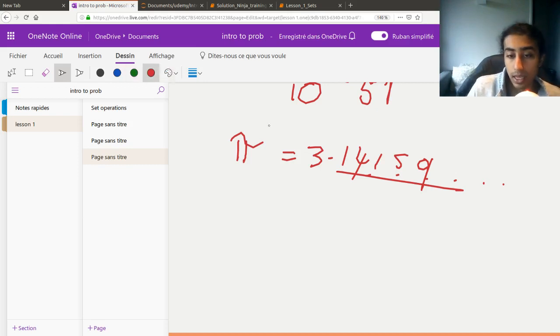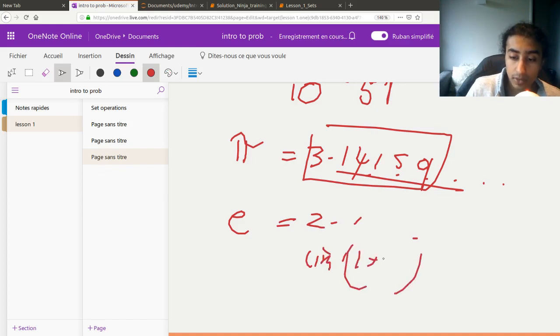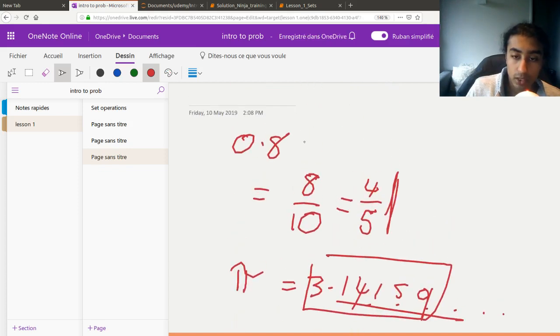But what I was going to say is that you can't express this as a fraction because it has some other definition. Another one is e. You can't express that as a fraction either. It's like 2 point something. It has a complex definition, like a limit definition. But anyway, you can't write it as a fraction.